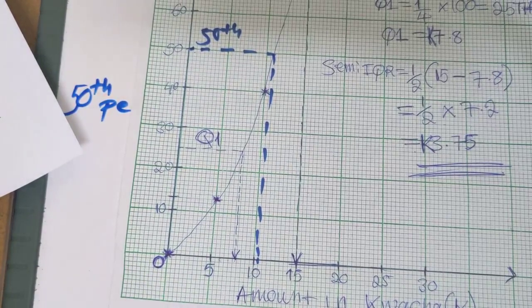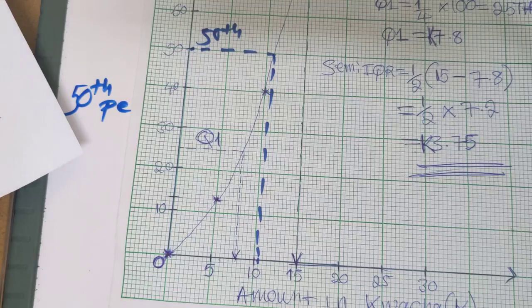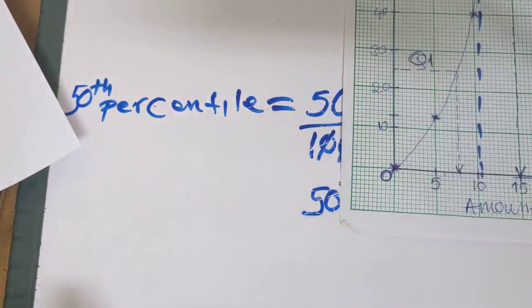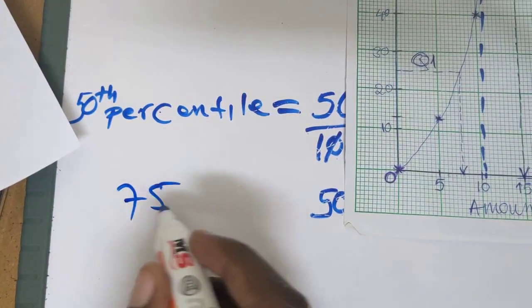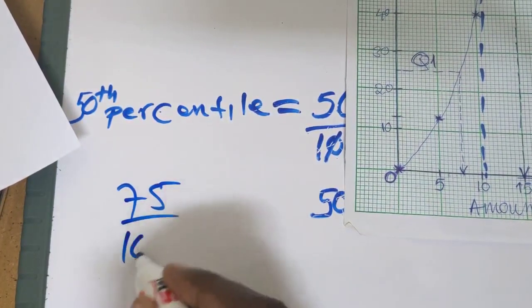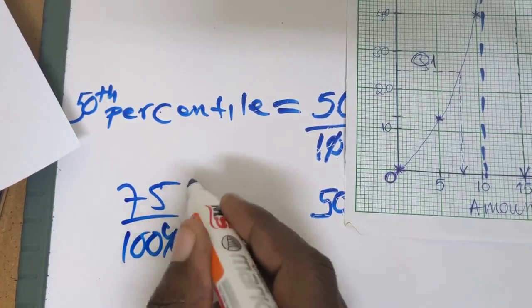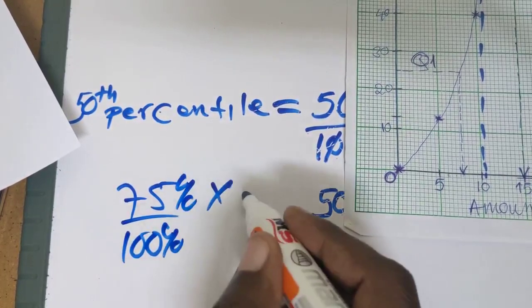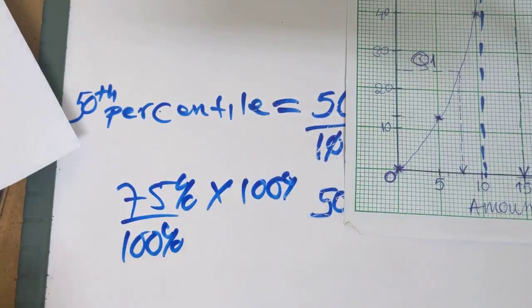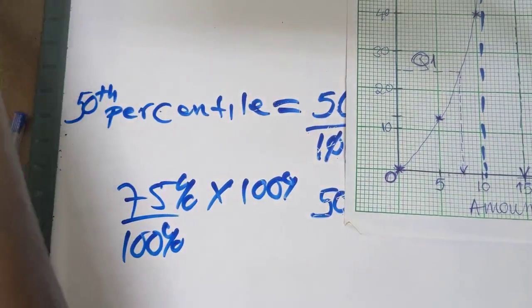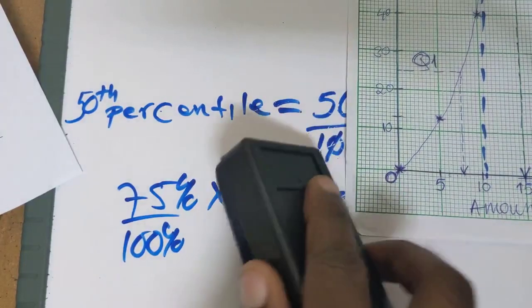So you are able now to solve all the questions. If you're asked to find the 70th percentile, you do the same. Or 75, let's say 75. So 75 over 100, times the 100, not the percent, the 100 that we are given as the total cumulative frequency.